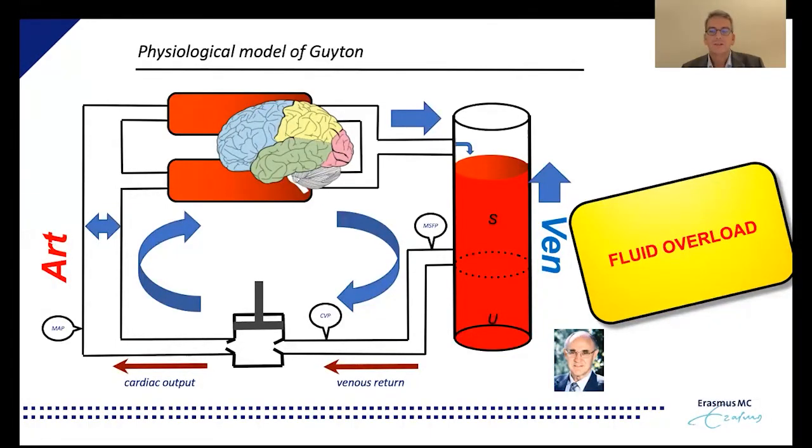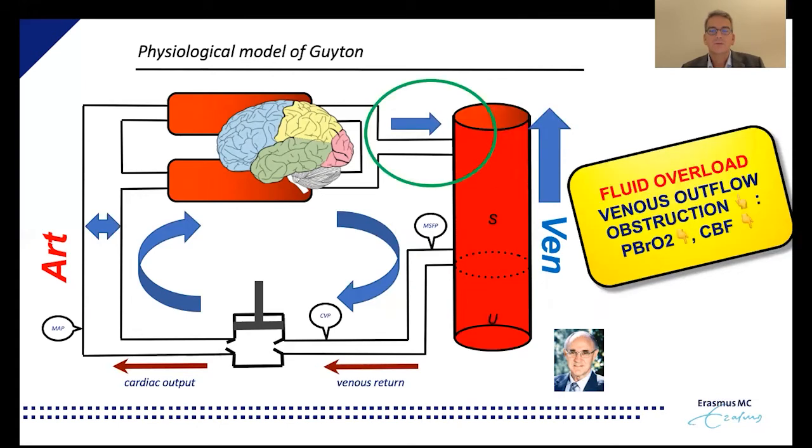So what happens in the case of true fluid overload? That means that the stressed volume goes up significantly, and then you have actually a venous outflow obstruction because the CVP contributes to that. So you might have worse oxygenation and your cerebral blood flow may go down.